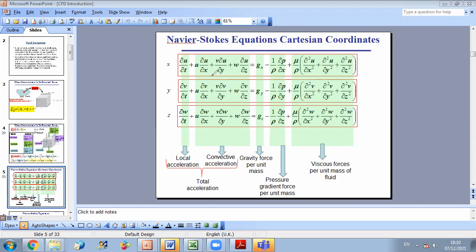Of course, for some simple cases, they have analytical solutions. For example, if you have laminar flow in a circular duct, you can find a solution. Flow between parallel plates, you can find a solution, and you have developed these simple solutions in fluid mechanics.